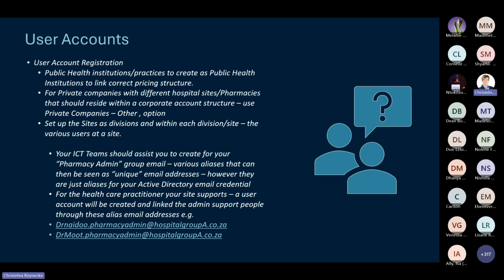The suggestion at this stage is, as you perhaps have a pharmacy admin group email address, that your ICT teams assist you to create aliases that will still link it through to that same user account on your Active Directory.